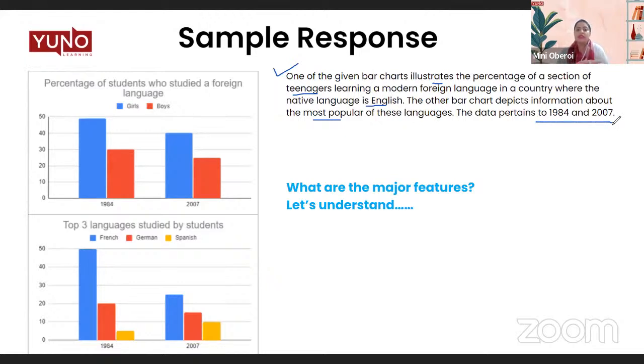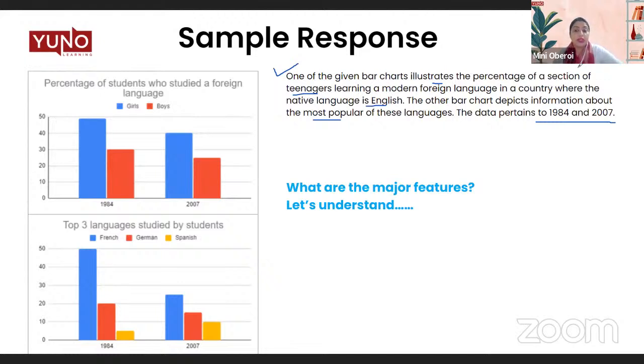So whatever we see, whatever we observe in this visual input, we have mentioned that in the introduction paragraph. I'm not giving any comparison here. This is high, this is low, this is more, this is less. No, it is just an observation, just to notify whatever we see in both the visuals, right?